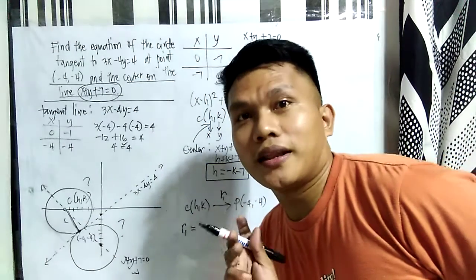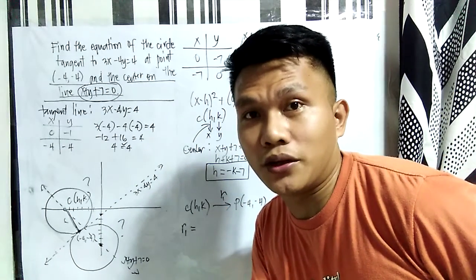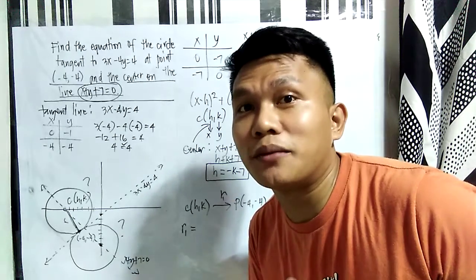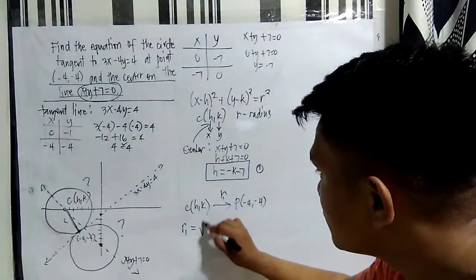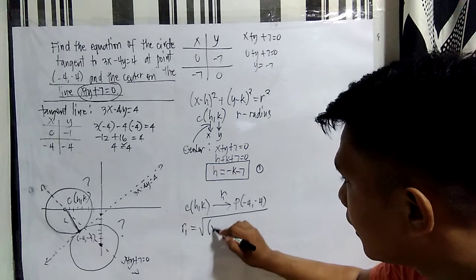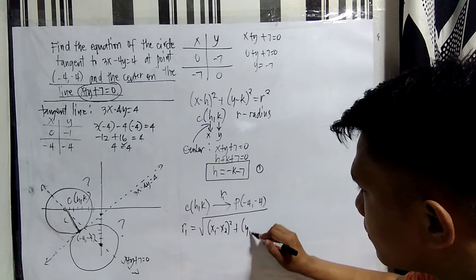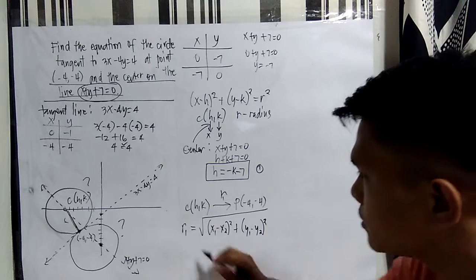So R1 is equal to, when we are going to get the distance between 2 points, kapag kumuha tayo ng distance sa dalawang point, ginagamit natin yung ating normal distance formula, which is the square root of x sub 1 minus x sub 2 square plus y sub 1 minus y sub 2 square.